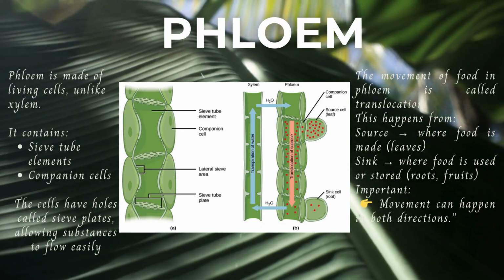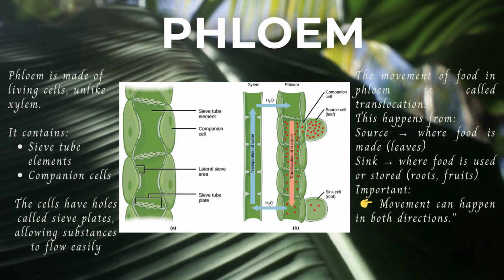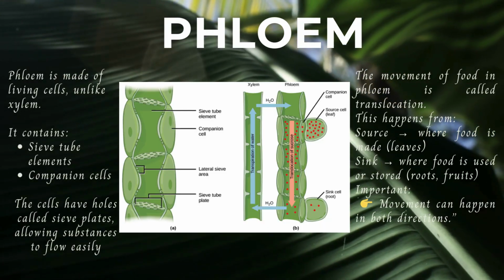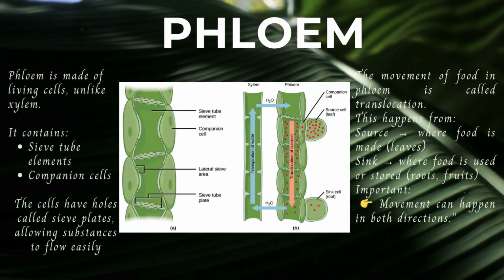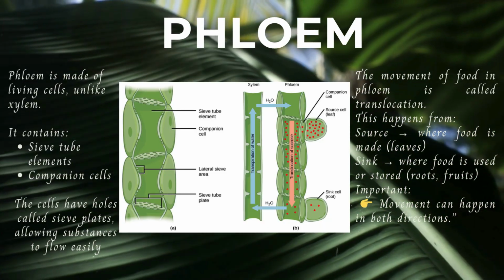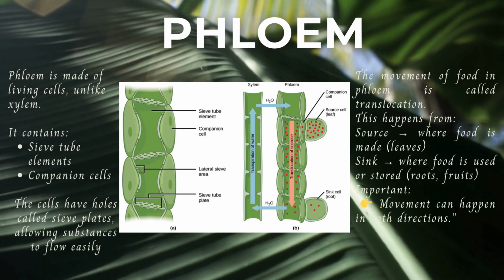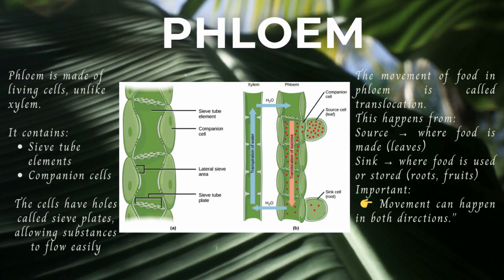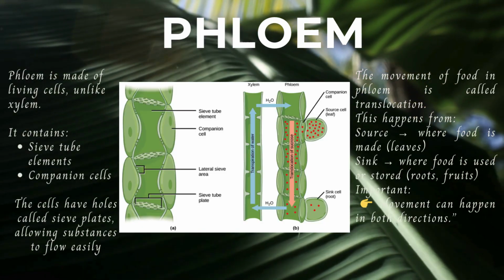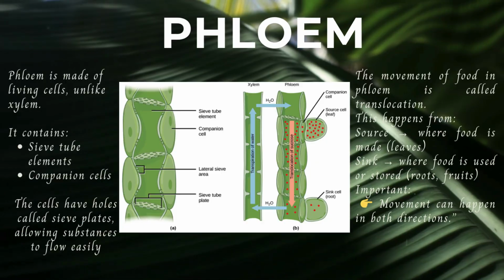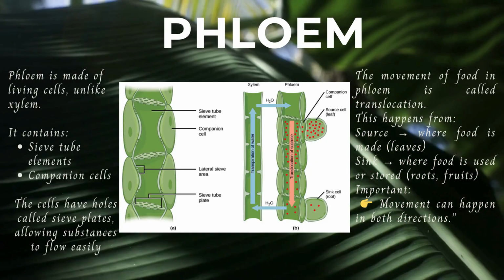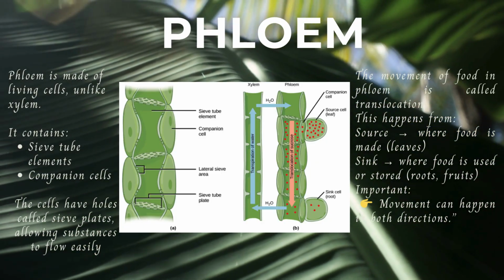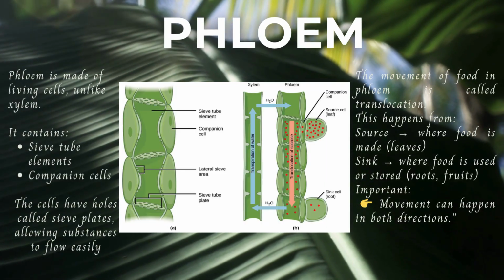Basically, these mitochondria located in companion cells will provide energy for transport, because sieve tube elements have a really small amount of cytoplasm. One more important thing is that these sieve tube elements do not have a nucleus, and so they really rely on companion cells to function properly.